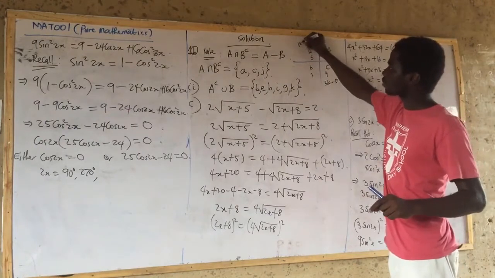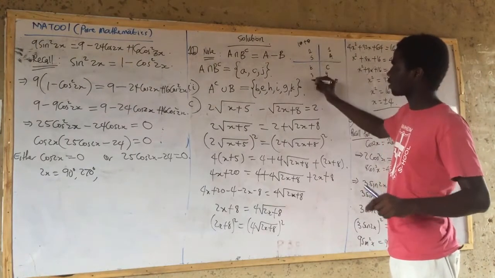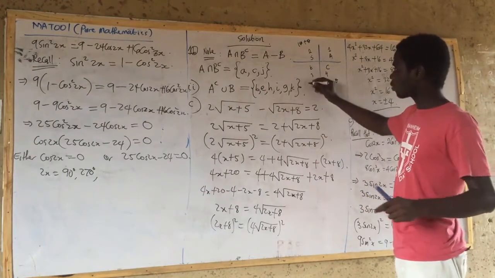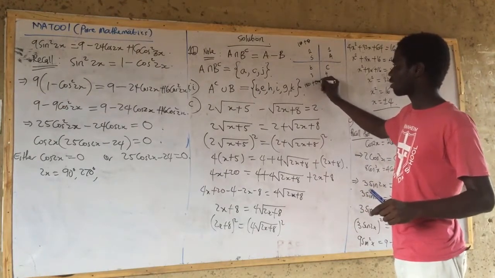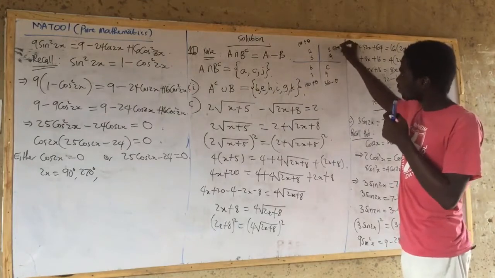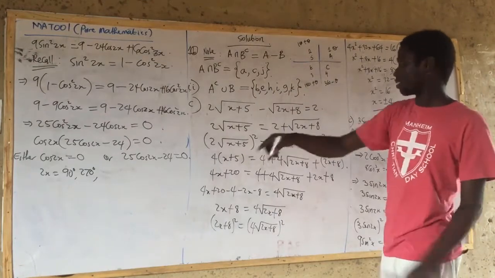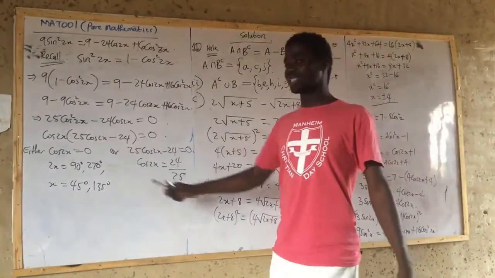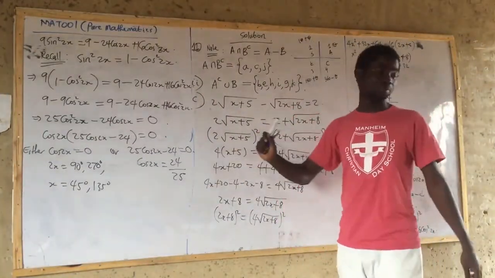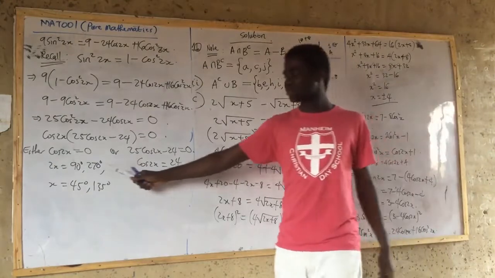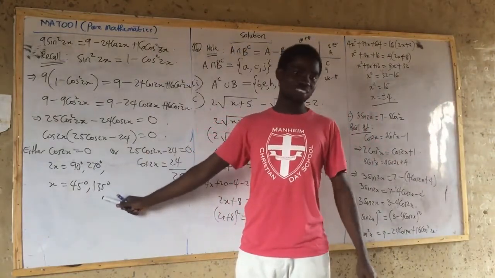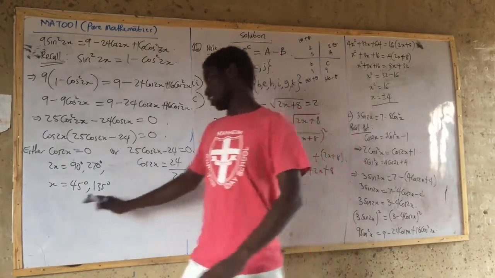At the second quadrant, what works is 180 minus theta, and at the third quadrant, 180 plus theta. So 360 minus 90 will give me 270. So divide by 2. This one will give me 45. This one will give me 135. That is for this case.